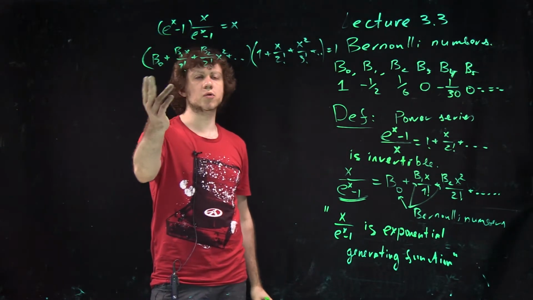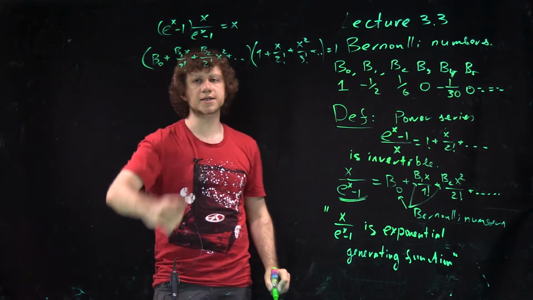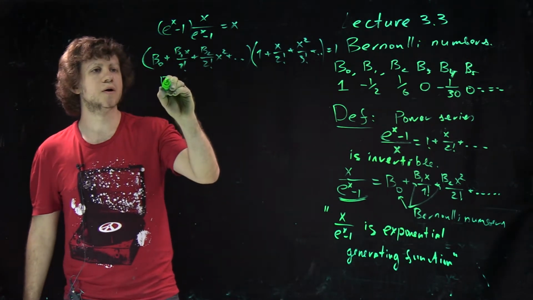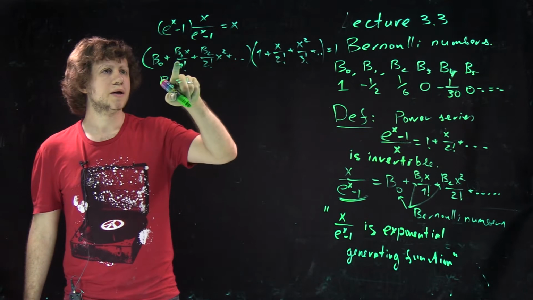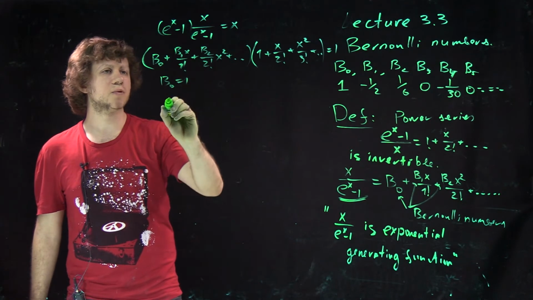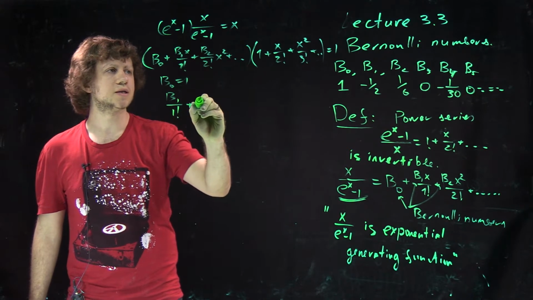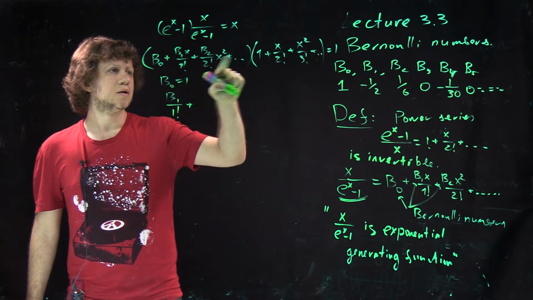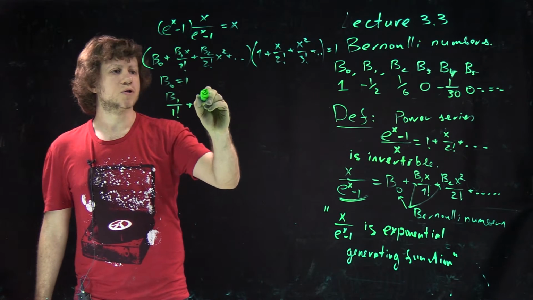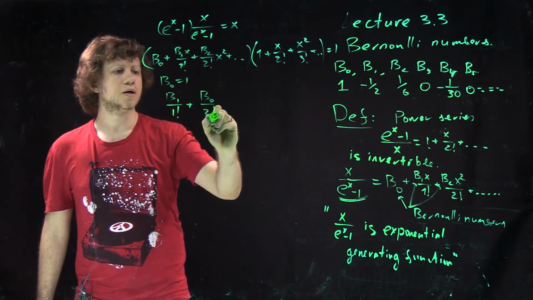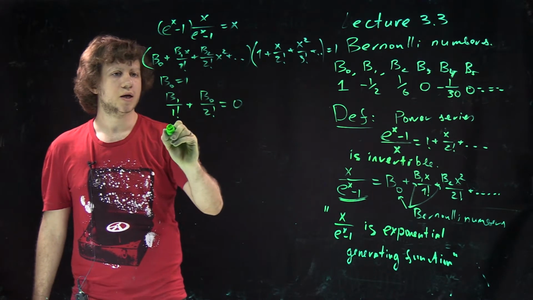And so if you write it down as identities, you can say that b0 equals 1, and then with the power x we'll have b1/1! + b0/2! = 0.